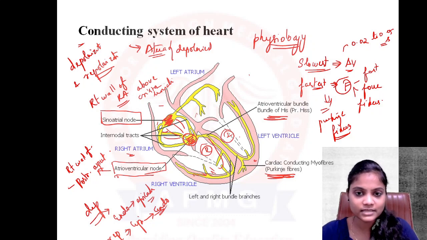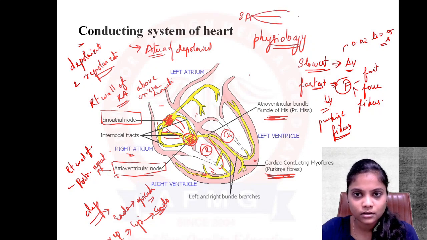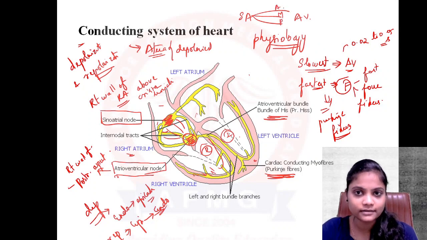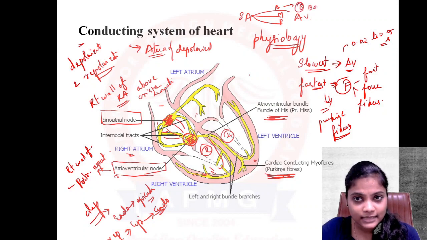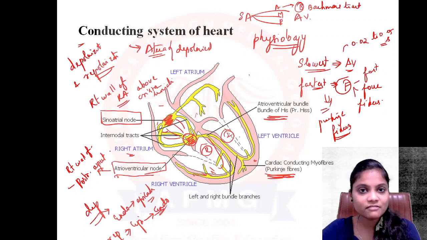From SA node to AV node there are 3 tracts: the anterior tract, middle tract and posterior tract. A for B, please remember, that is Bachmann's tract. These 3 tracts are very important for the flow of the impulse from SA node to AV node.